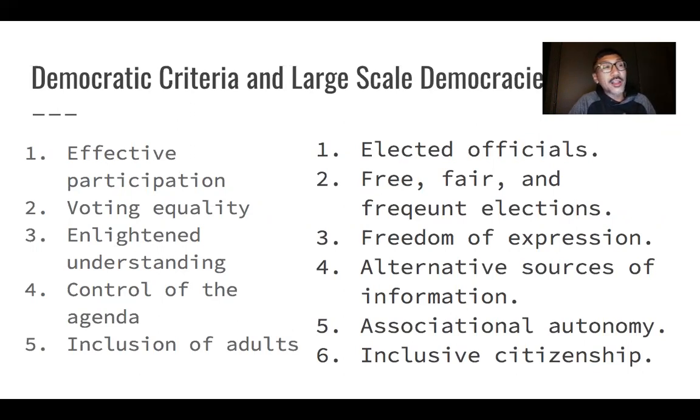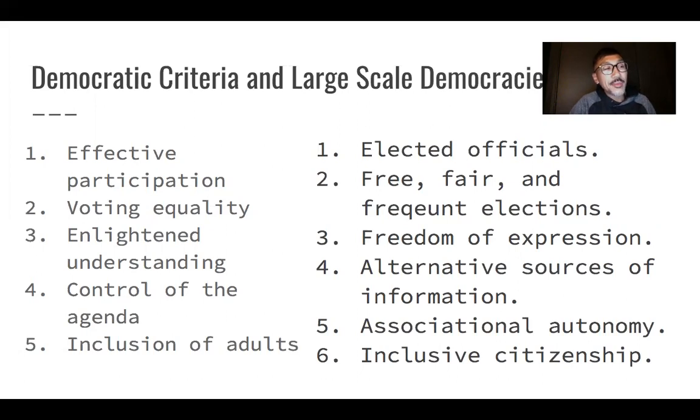First, large-scale democracies typically have a system of elected officials. Elected by citizens through free and fair elections, elected officials are chosen to participate in government decisions. They're paramount to democratic governments and bodies that are representative.